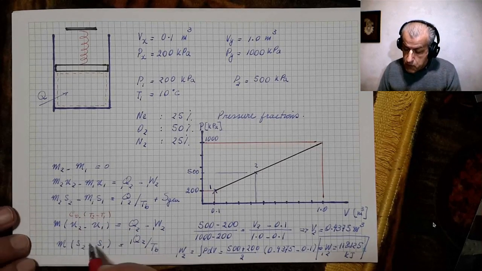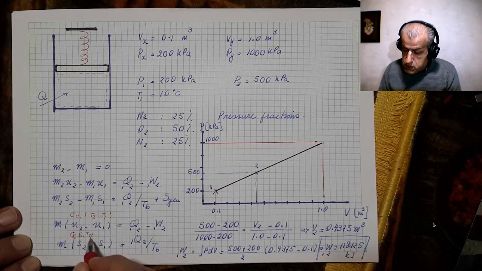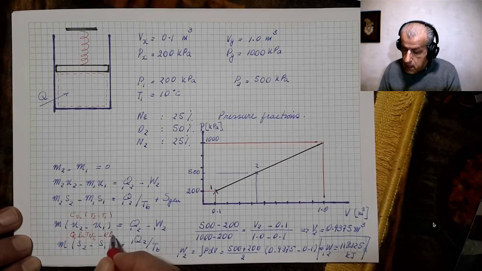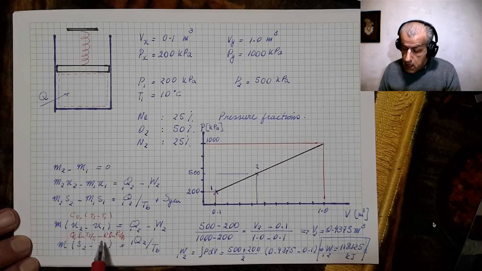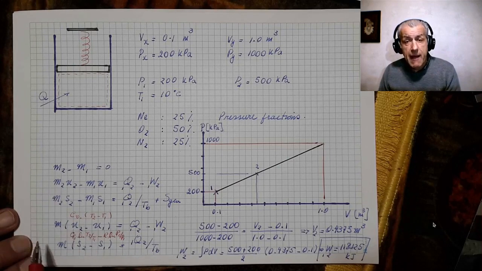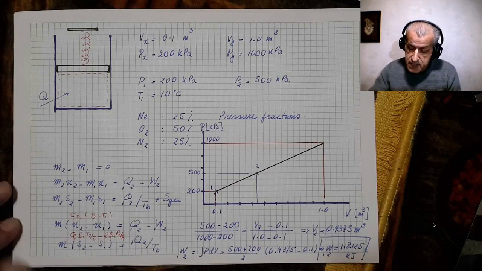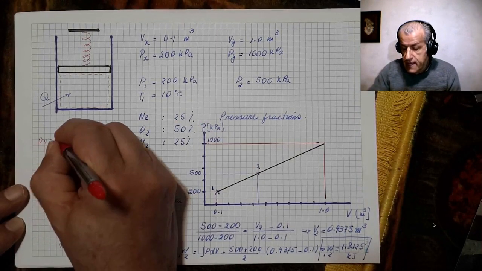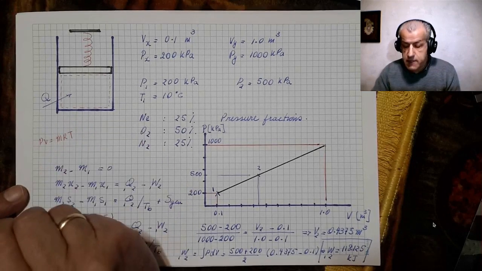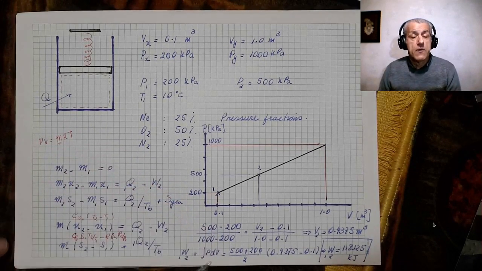For s2 minus s1, we need Cp0 ln(T2 over T1) minus R ln(P2 over P1), and we need R, Cp0, and also T. And more important, for mass, we don't know the total mass, but if it is a perfect gas, we could write PV equals mRT, and to calculate m, what we need is R for the mixture.